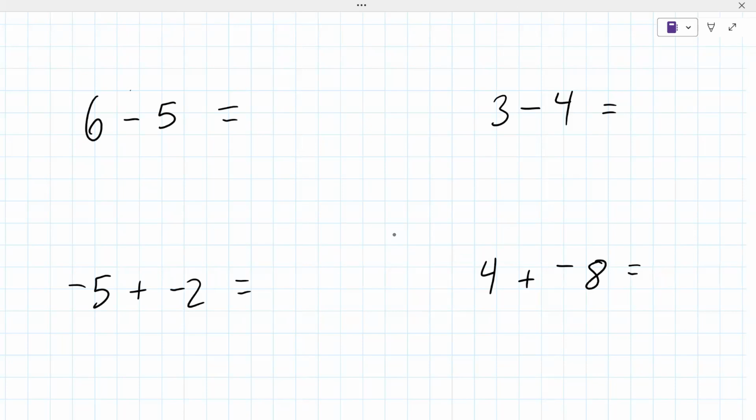Okay, the first one would be +1. Okay, good. The second one would be -7. Okay, good. -1. Okay, good. And -12.